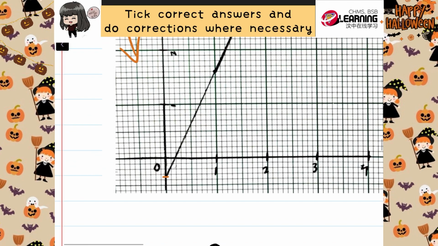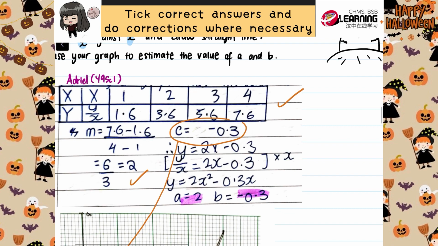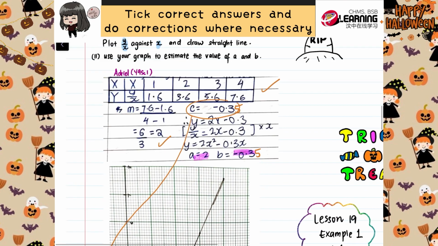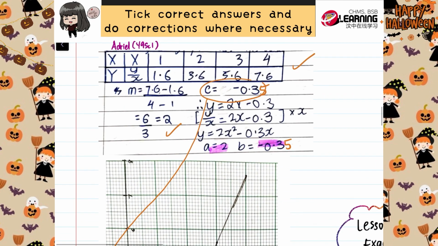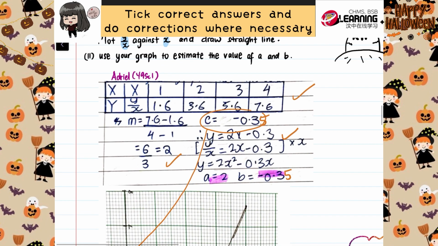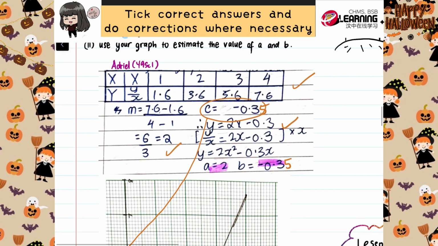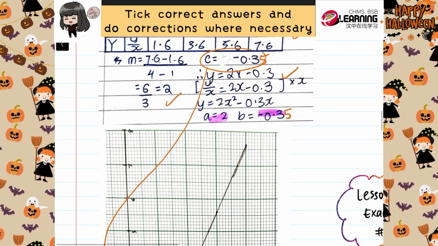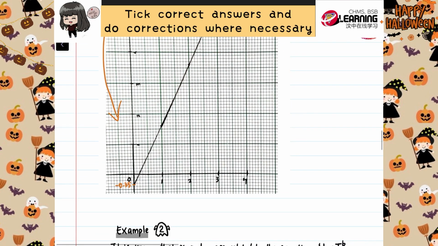This is negative 0.35, so maybe you can change this to negative 0.35, Adriel. Add a 5 at the back. After that is reducing to the y-axis and x-axis here. And then comparing, this is the answer. So the range of answer for B is somewhere around negative 0.3 to negative 0.44, depending on your graph here. I will check according to this graph.